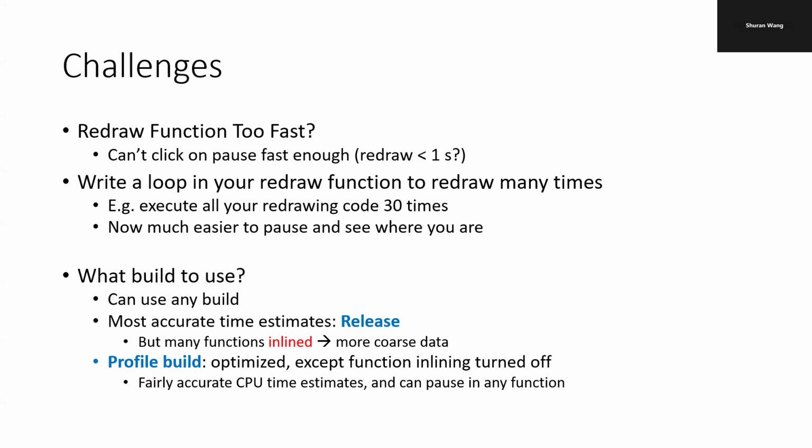In this case, the CPU time estimate is still fairly accurate, but it's not as accurate as release. Some functions will seem slower than what they actually are, but it can pause in any function. In our demo, I will only be using the release build.